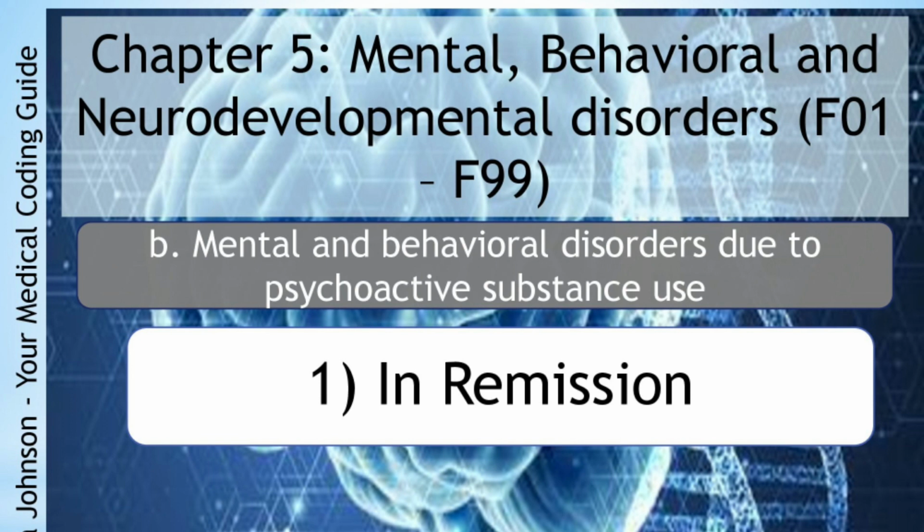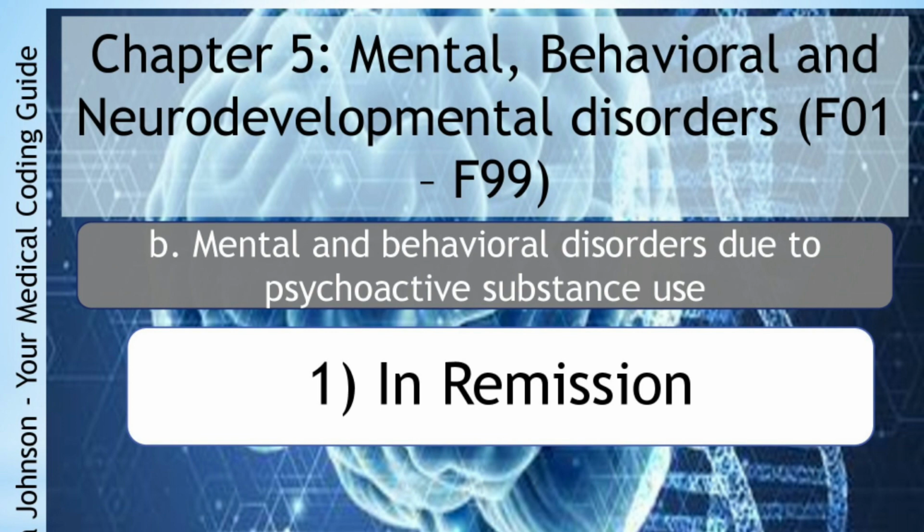Substance abuse in remission will be coded for mild substance use. If the patient is using moderate or severe substance, then you will be coding substance dependence in remission. So when the patient has mild use during the remission phase, you will code it as substance abuse in remission. If it is moderate or severe substance use, then you will choose substance dependence in remission.